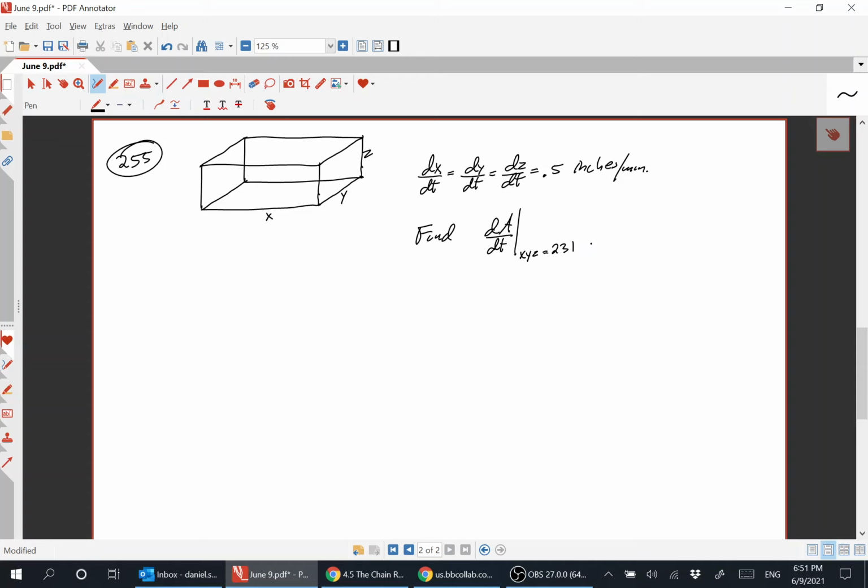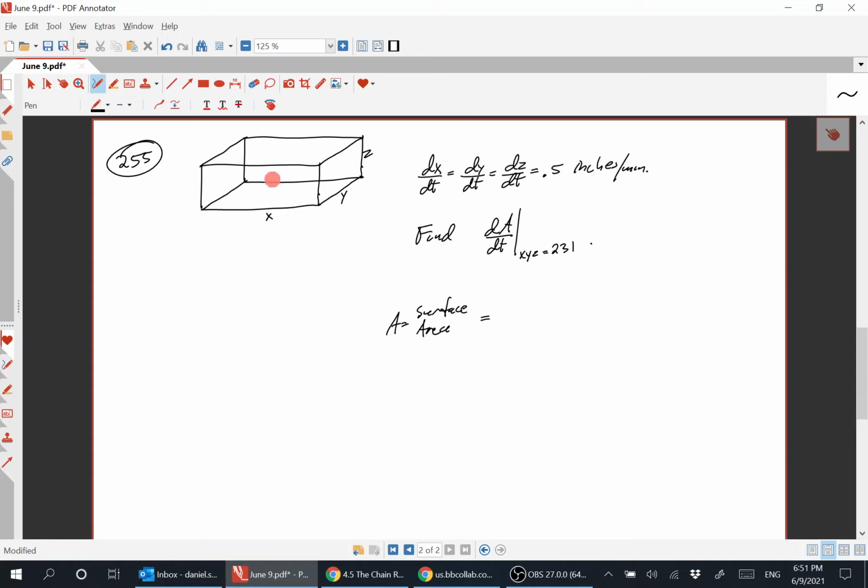Okay? So, first of all, the surface area A. What's the surface area of this thing going to be? Well, it's the area of each of the rectangular faces.